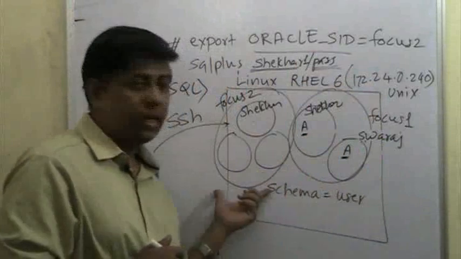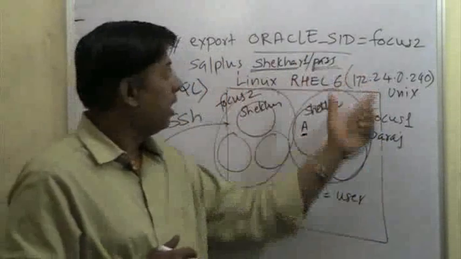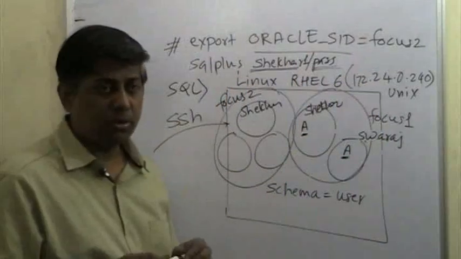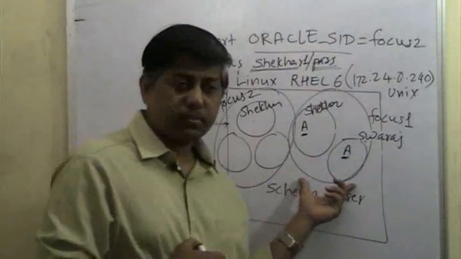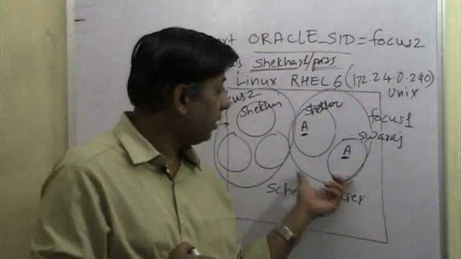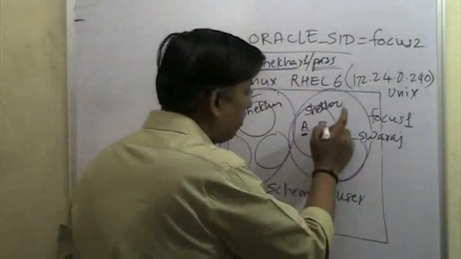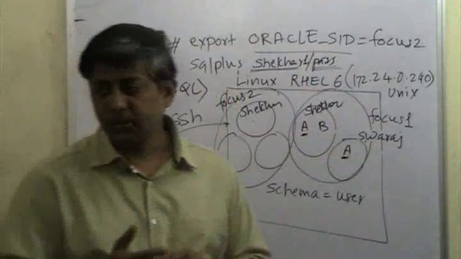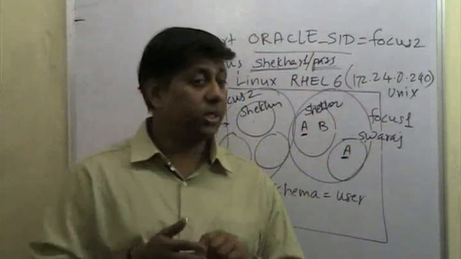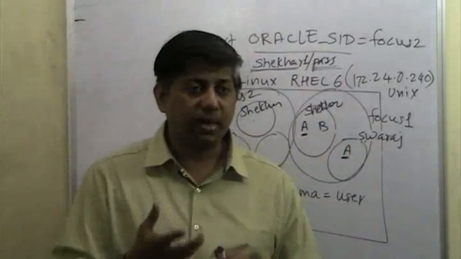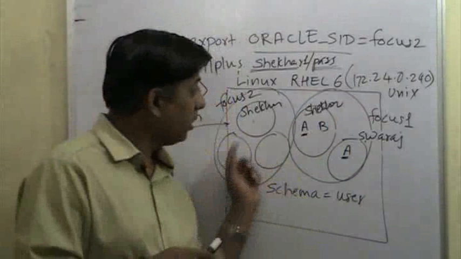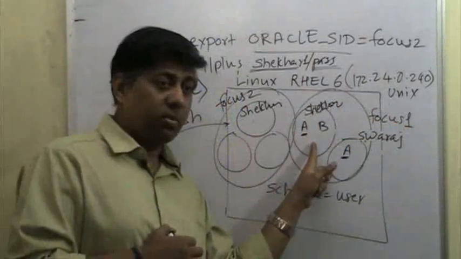One or multiple databases can run within one Unix or Windows machine, within one database we can have multiple schemas, and within one schema you can have multiple objects. How many objects are there in your own schema? How do you find that out? Let us say you are logged into the Focus1 database and Shekhar schema.